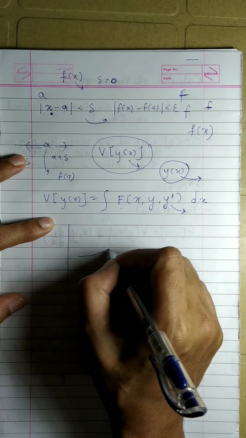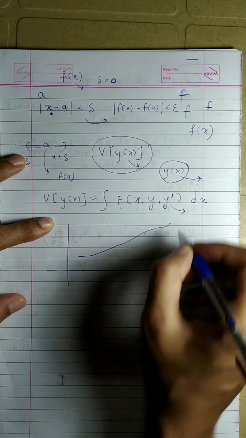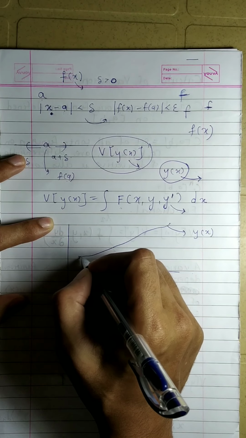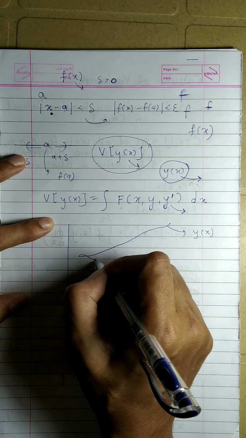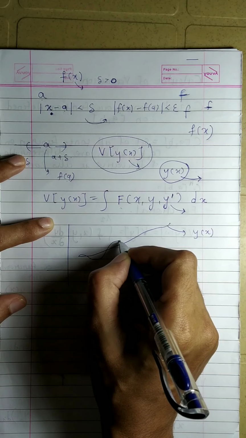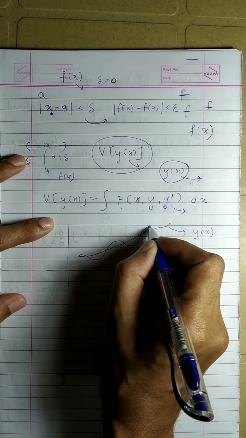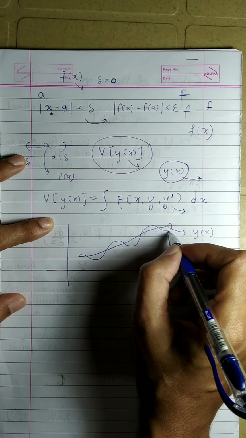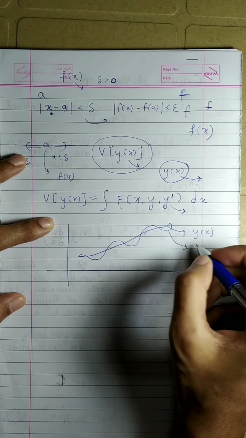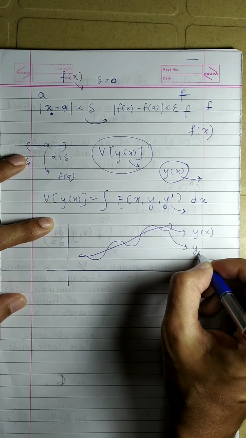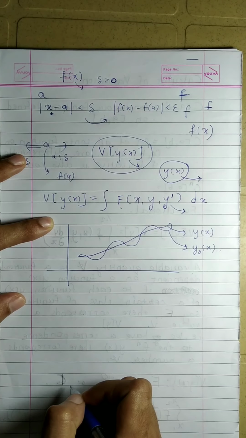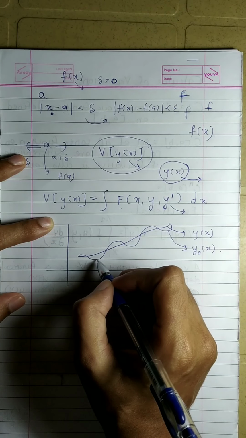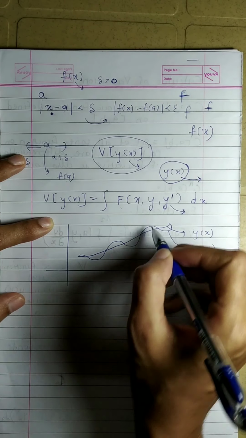So if we have a curve y of x, okay, and there is a curve close to this y of x, and let us call this new curve as y naught of x. Okay, so if you see, this is the change.